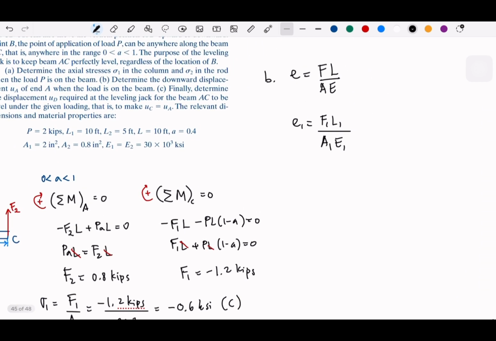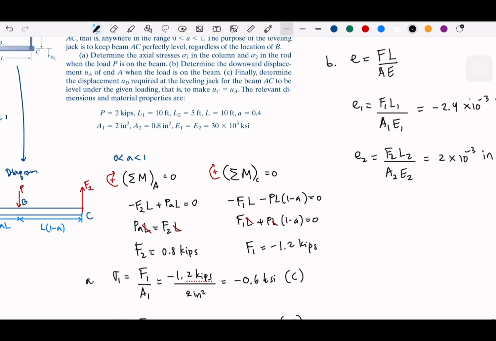We are going to have negative, equal to negative 2.4 inch, and then E2. Of course you need to compute and just plug everything into the equations.